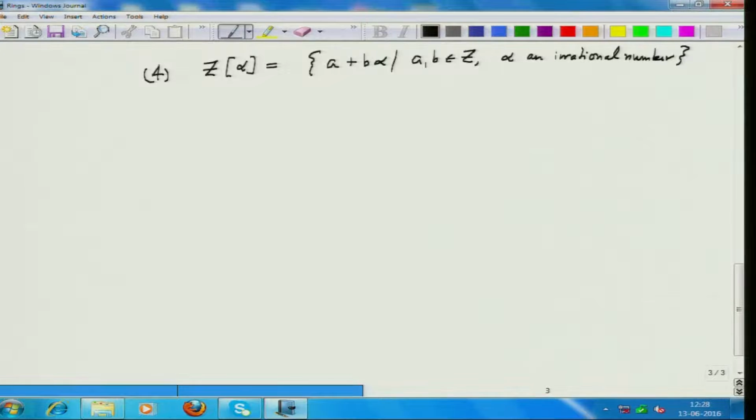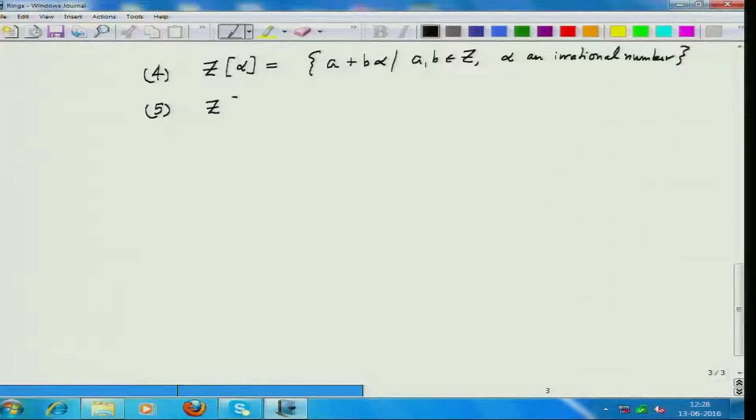What about other examples? How about a set of polynomials? Let's say polynomials in one variable. So, shall we say Z bracket x?